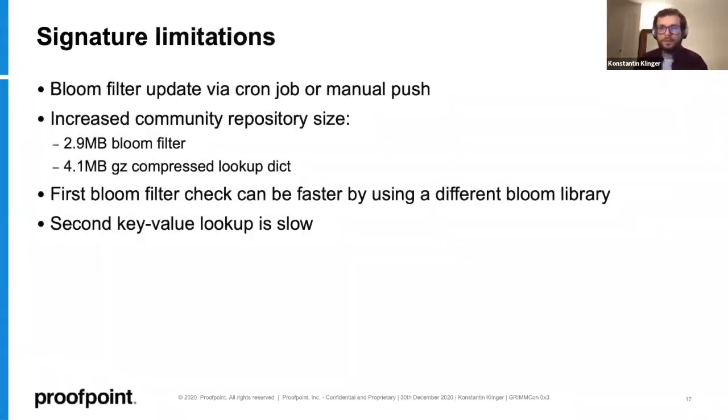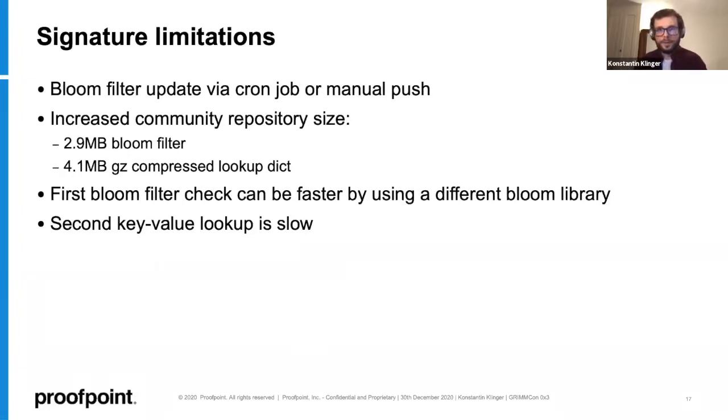That's also the limitations we currently have. Of course, the update mechanism is a bit complicated. You can run the Bloom filter creation script as a cron job, or you can run it manually on your device and manually push the Bloom filter to the sandbox controller once a day, or how often you decide. But if you don't do it every day, of course, the Bloom filter is outdated after a few days.